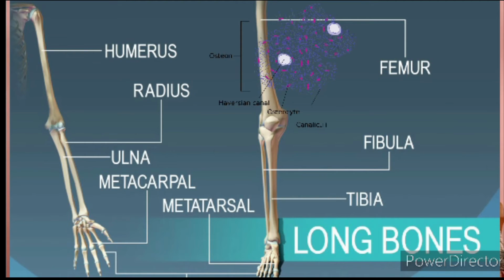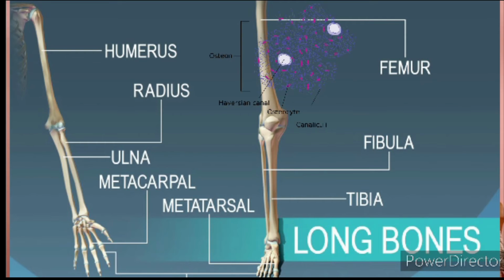Each Haversian canal communicates with the bone cells through connections, which you can see in the structure here, called the canaliculi. Each canaliculus is filled with delicate cytoplasmic projections of the bone cells.